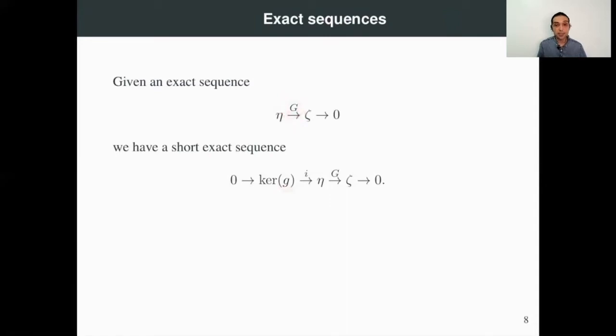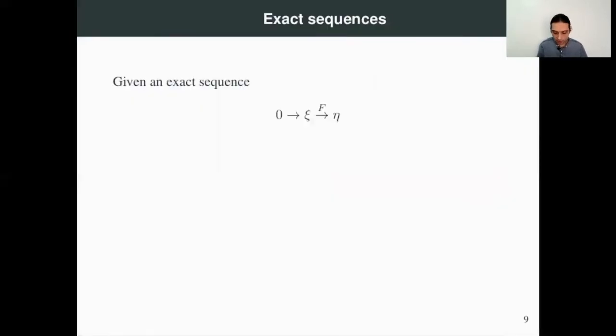And this sequence is exact, of course, because this map I over here is indeed an inclusion, so it is a monomorphism, and by construction, at every fiber, the kernel of G is the image of I of the kernel of G, because the image by inclusion is going to be the kernel of G. So it's clear that it is a short exact sequence.